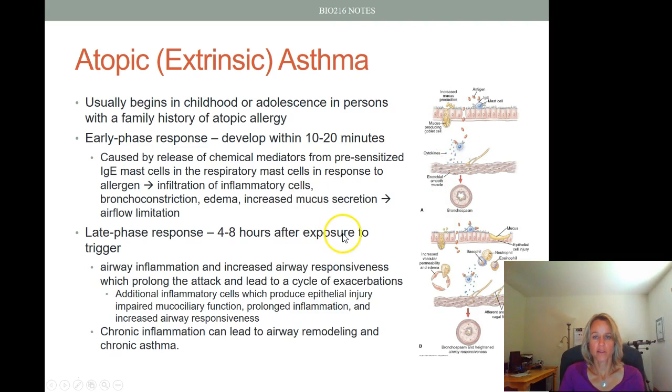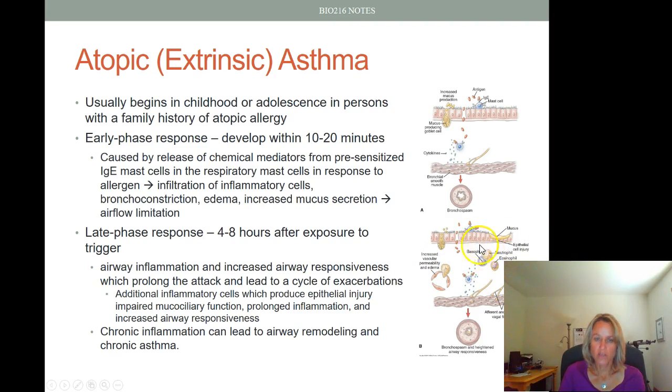The late response, about 4 to 8 hours after exposure to that trigger, we now have airway inflammation and increased responsiveness. So the airways can be triggered more easily. And that can prolong the attack and lead to a cycle of exacerbations.